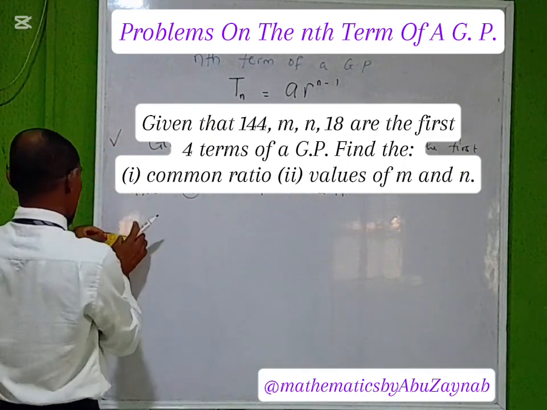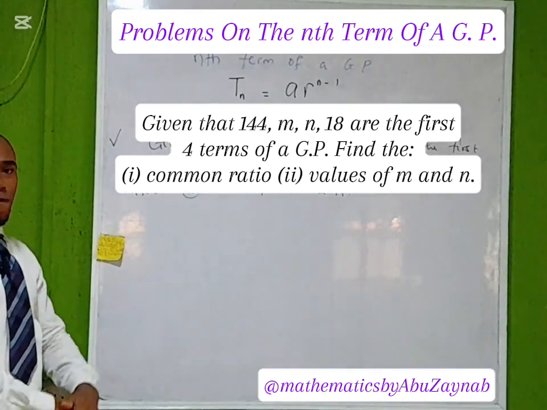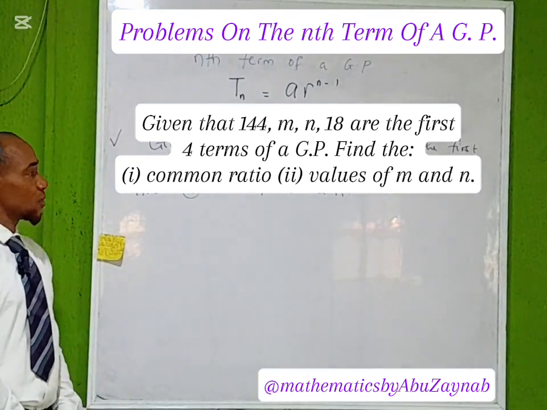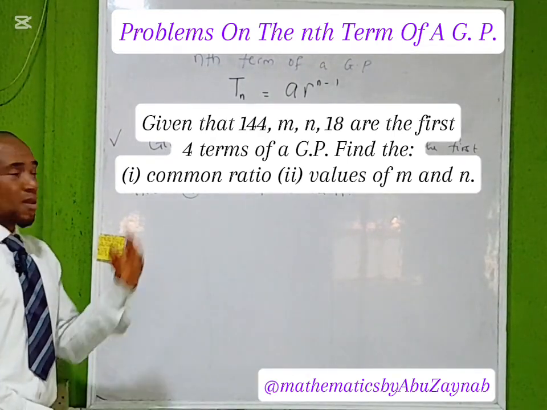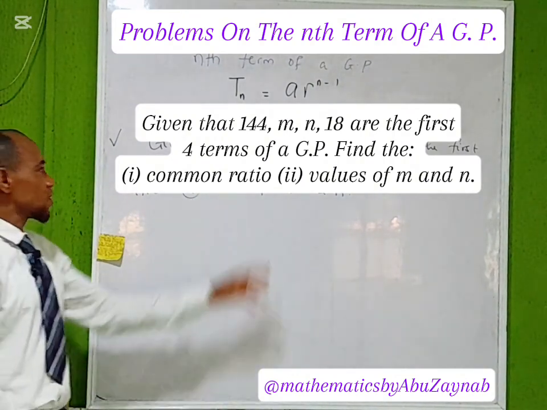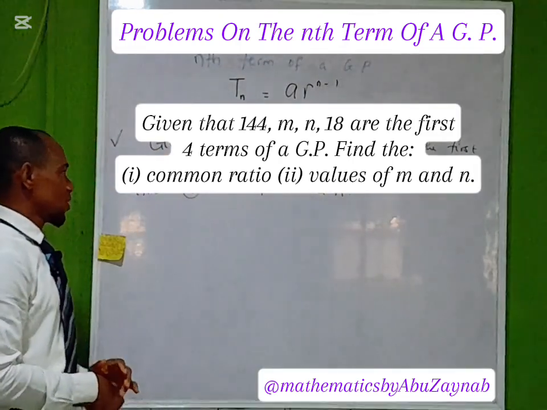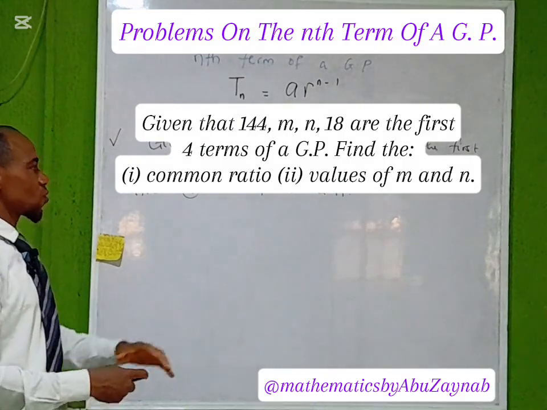So, given that 144, m, n, 18 are the first 4 terms of a GP, that means this is first, second, third, fourth, accordingly. Find the common ratio and then the values of m and n.